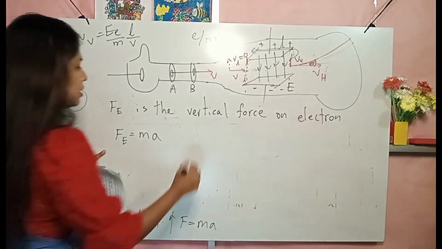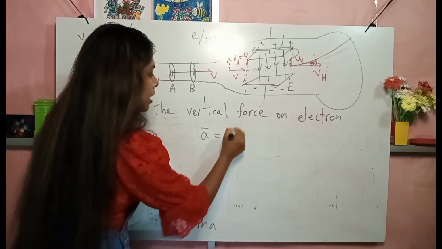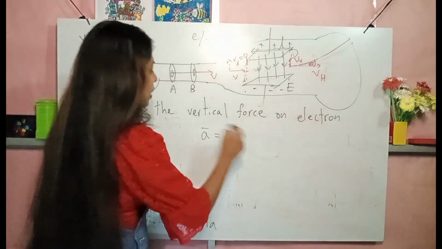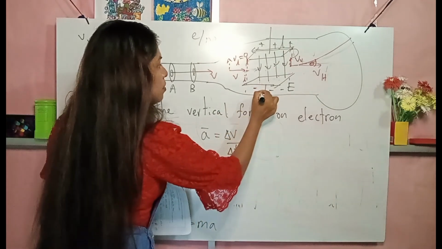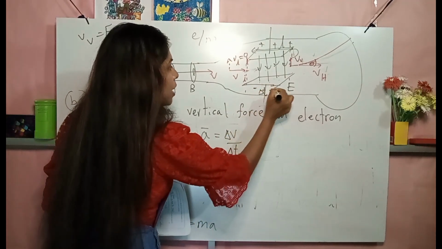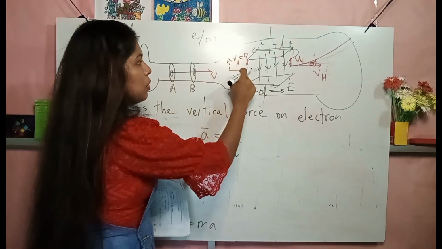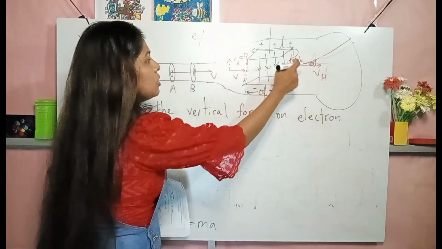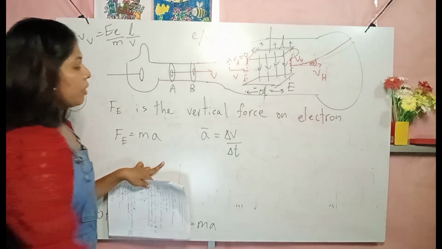Acceleration equals delta V, the difference of velocity, divided by the difference of time. Let's assume delta T is the time taken for this electron to move from the initial state to the final state.